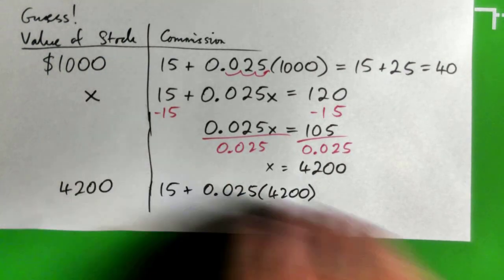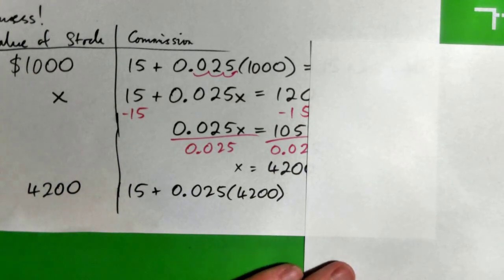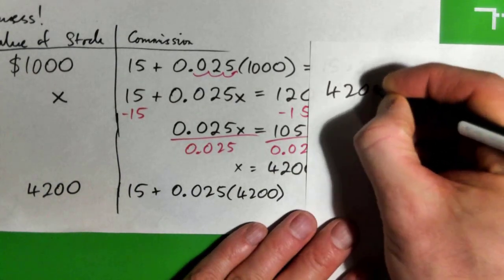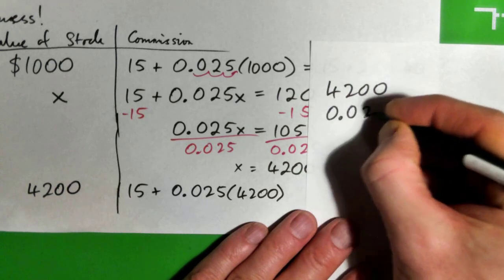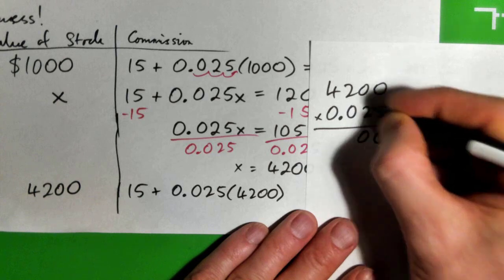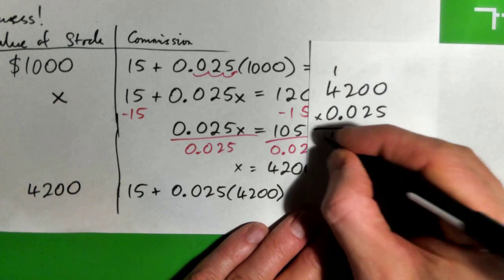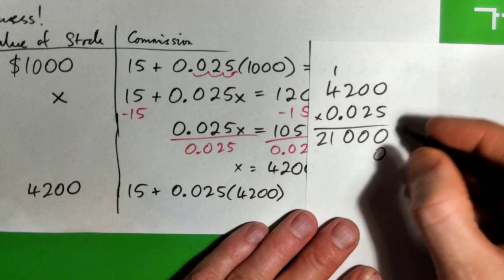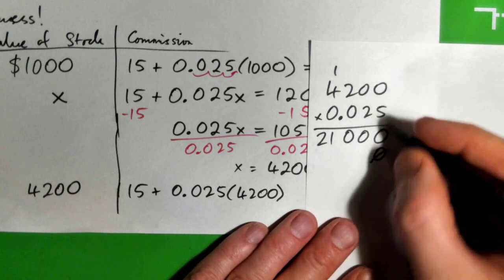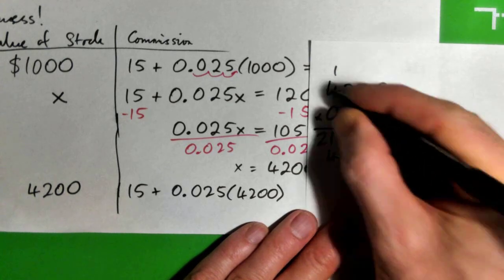Well, let's see. We've got to multiply. Here's a long multiplication now: 4,200 times 0.025. 5 times 0 is 0, 5 times 0 is 0, 5 times 2 is 10, carry 1, 5 times 4 is 20, and 1 is 21. Put a 0 down and multiply by 2. 2 times 0 is 0, 2 times 0 is 0, 2 times 2 is 4, 2 times 4 is 8.